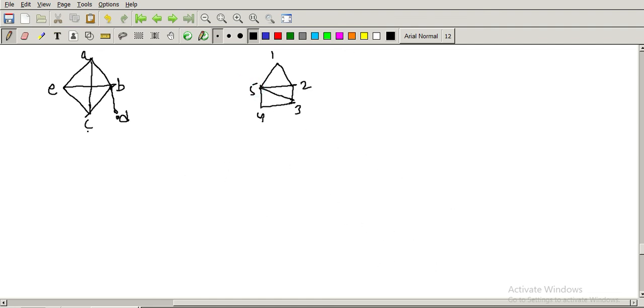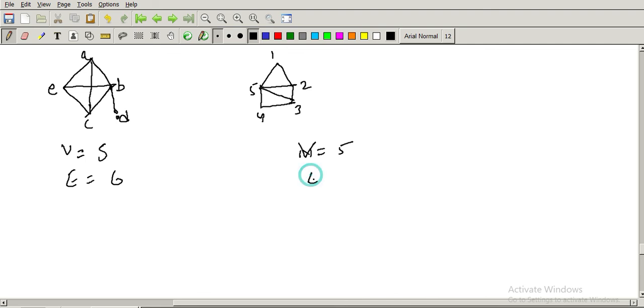Okay, now let's find the number of vertices in this graph is 5, number of vertices in this graph is 5, number of edges in this graph, the edges are 1, 2, 3, 4, okay, 5, 6, right? Edges in this, 1, 2, 3, 4, 5, 6, okay.